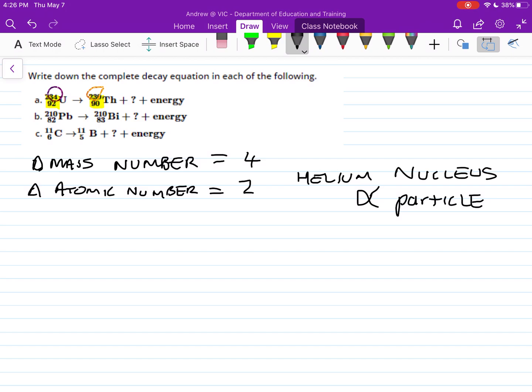Then we'll write out our full equation, because that's what the question says. So I'll write A, mind my horrible small writing: uranium 234, 92, goes into thorium 230, 90, and we'll put a helium nucleus.